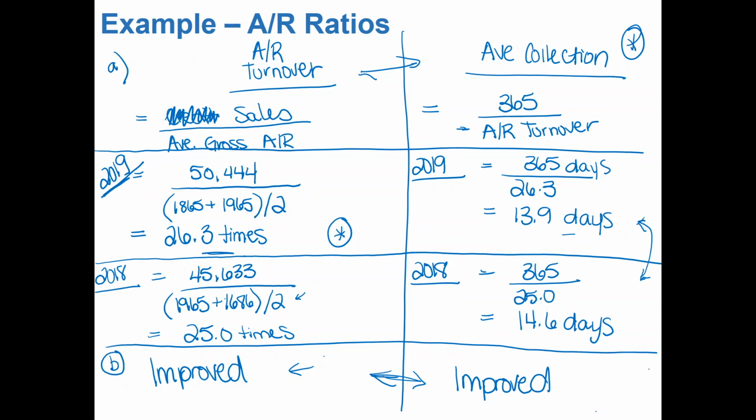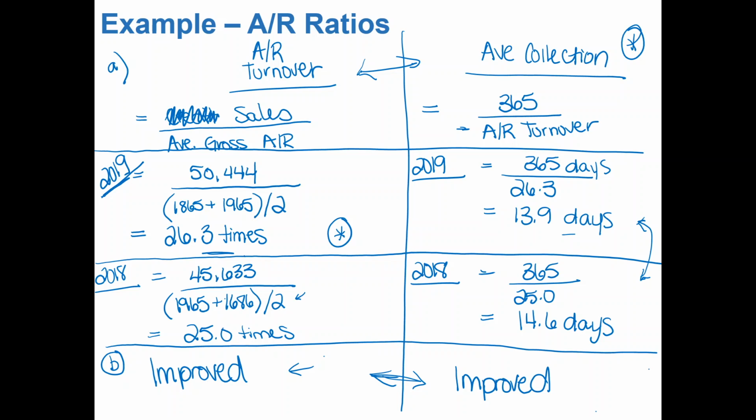Okay, so we know that Coffee Corp has improved their ratios, but we need to assess whether it's good or not, so compare it to a credit policy. So this isn't in the question, but let's just say that their credit policy says that customers have 30 days to pay from the invoice date. If that's the case, is this a strong ratio for that company?